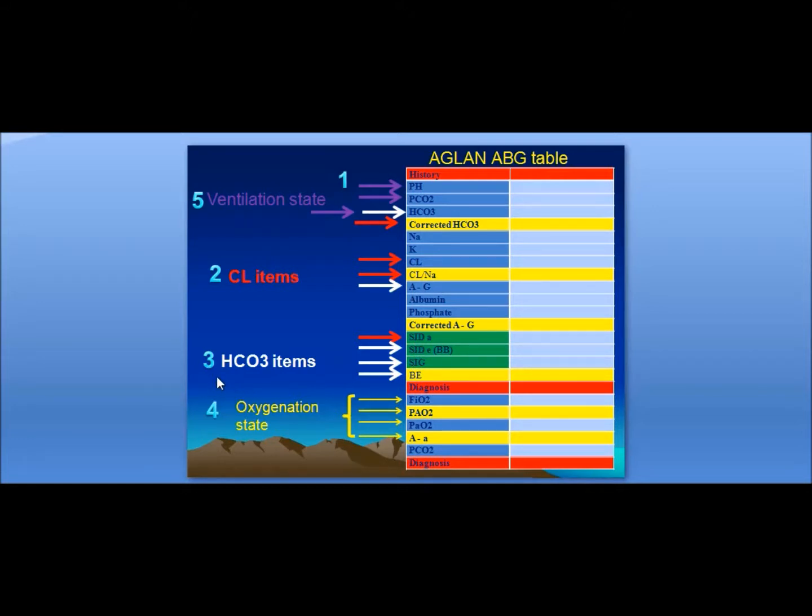Number 3, bicarbonate items: serum bicarbonate, anion gap, buffer base, strong ion gap, base excess. Number 4, oxygenation state of the lung: FiO2, PaO2, arterial partial pressure of oxygen, and alveolar arterial gradient. Number 5, ventilation state: the partial pressure of carbon dioxide and its relation to the pH and bicarbonate.